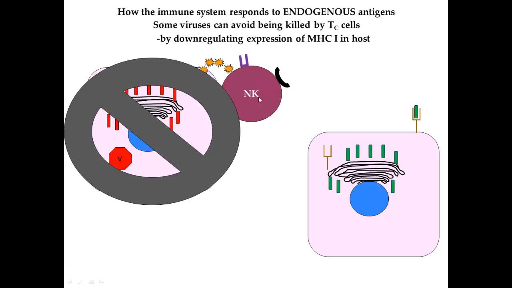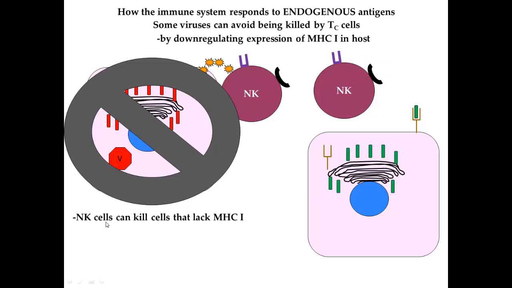And the thing that turns them off is the presence of MHC1. So if a natural killer cell were to come and detect MHC1 on the surface of this cell, then that MHC1 would deactivate that natural killer cell, and it would go along its merry way. So natural killer cells can kill cells that lack MHC1. MHC1 inhibits natural killer cell activity.